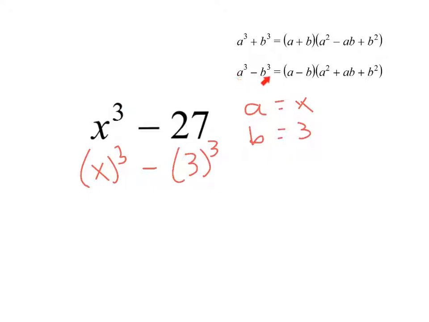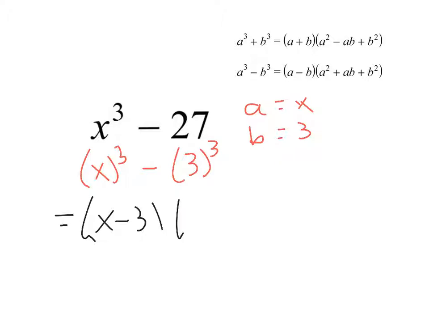So on this side, it will be a minus b, all right? So it will be x minus 3, because it's a minus b, x minus 3. So we're going to start now plugging in the values. So it will be x minus 3, all right? And then the other one, which is a squared.